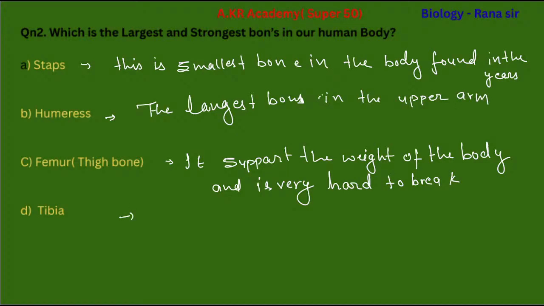Tibia. What do I mean by tibia? The tibia, the shin bone, is located in the lower leg.